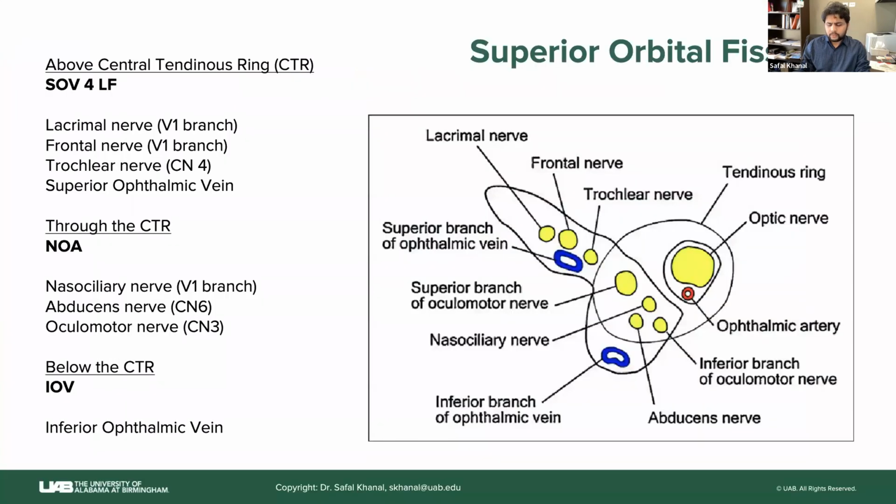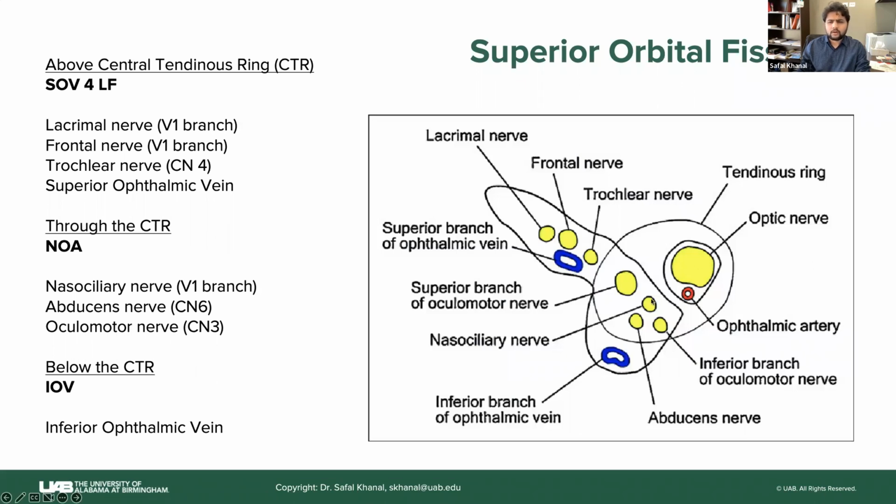And we'll come to that in a bit, but let's look at the structures that pass through these orbital fissures. Just above the common tendinous ring, you have your lacrimal, frontal, trochlear, and superior branch of ophthalmic vein. You can remember this by the mnemonic SOV for LF.